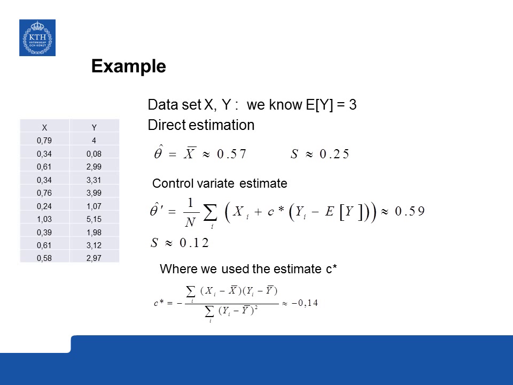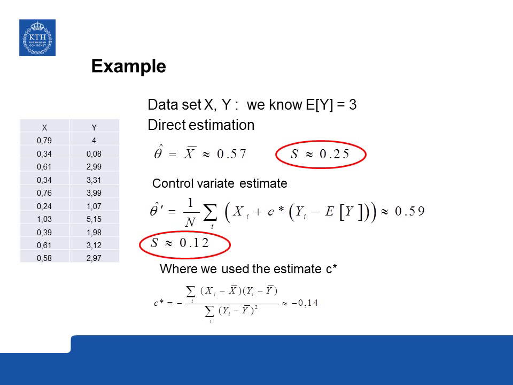The covariance was minus 0.14. And by doing this, our new estimator is 0.59, and the sample standard deviation is now 0.12.